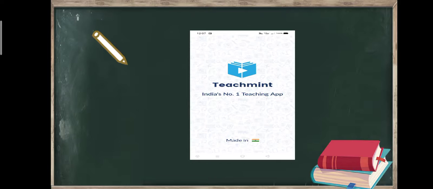Because Moodle, G Suite, etc. were designed on a computer-based platform, mainly to work on computers. But this particular application, or learning management system, is designed specifically for use on mobile phones. So it is very simple and very handy, very easy.